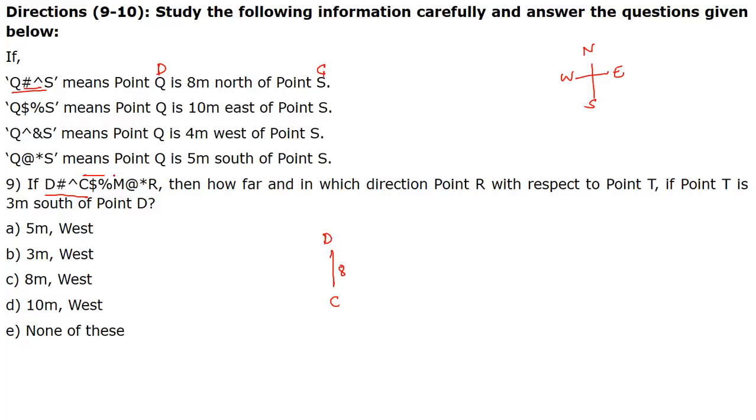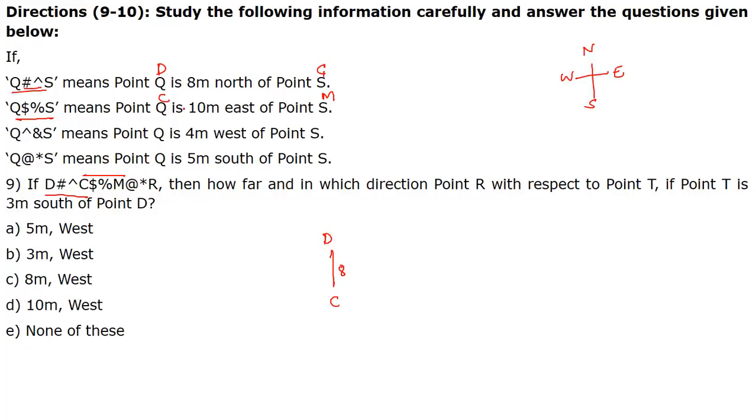The next one is C dollar percentage M. What does dollar percentage mean here? It was given earlier as Q dollar percentage S. So simply, instead of Q and S, put C and M here.